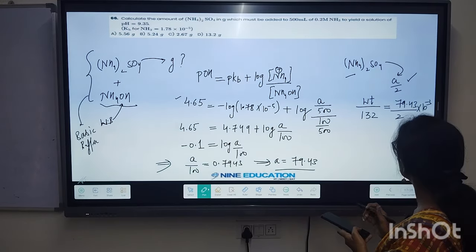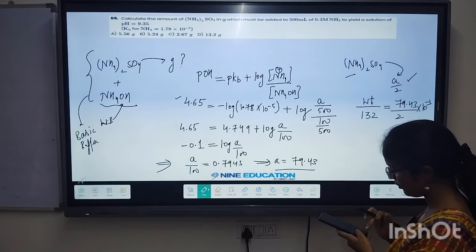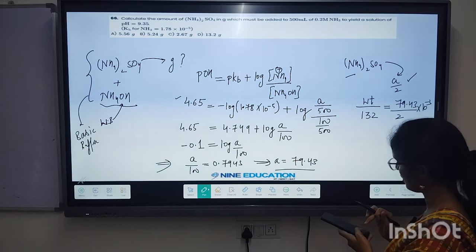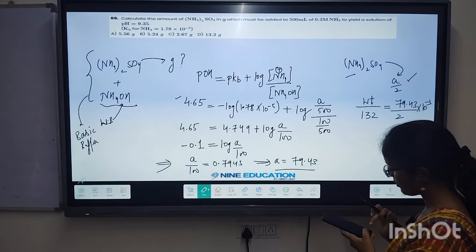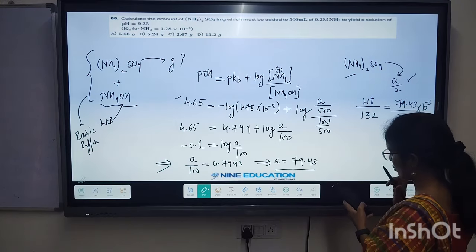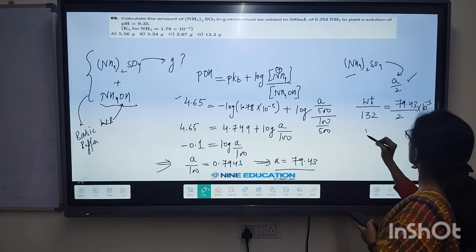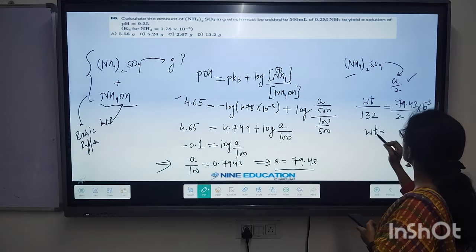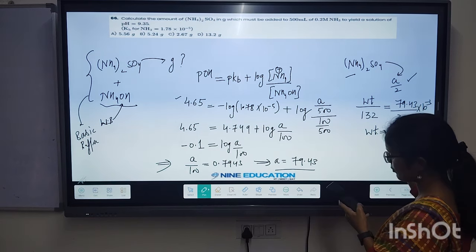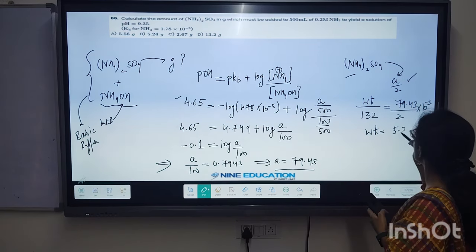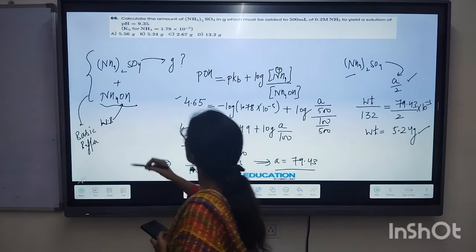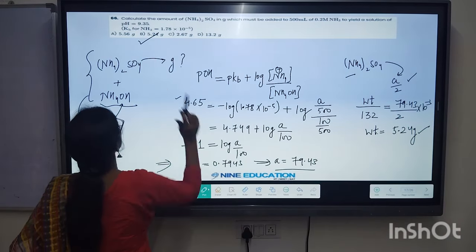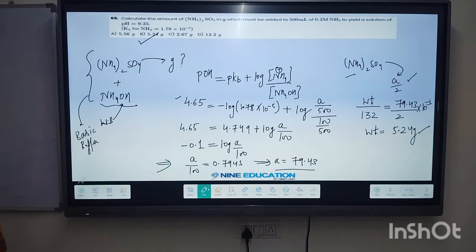So weight will be simply 79.43 by 2 into 132, divided by 1000, which comes to 5.242. So the weight will be 5.24 grams. So which option will be the correct option here? B option will be the correct answer.